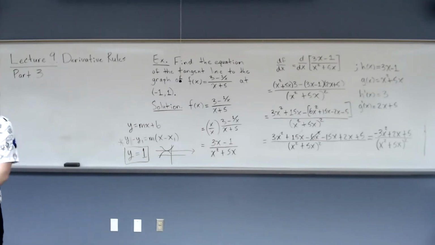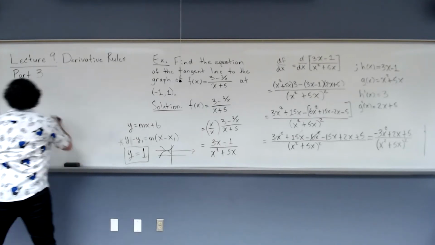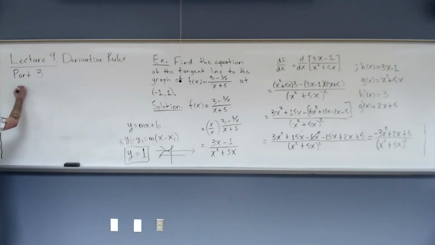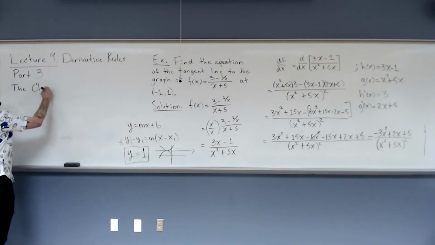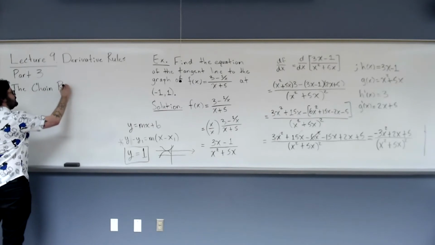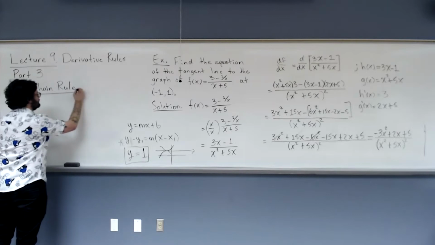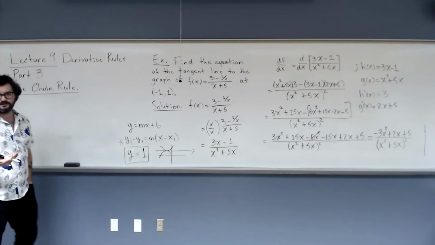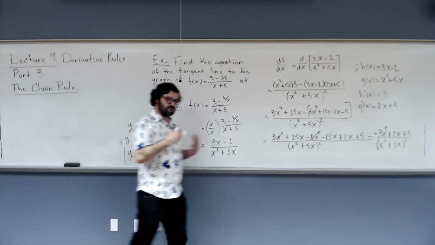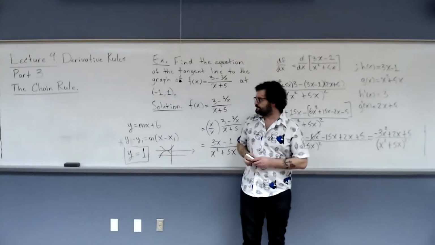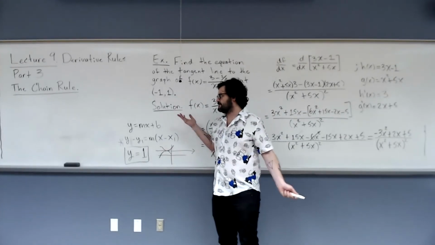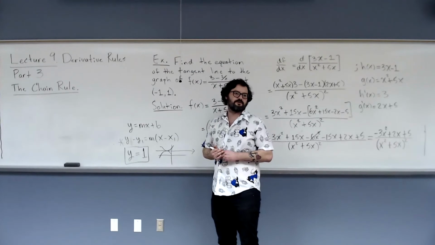Okay, so now on to the new topic. This is called the chain rule. It's one of the most important derivative rules, especially for people who do machine learning. This rule is applied everywhere.